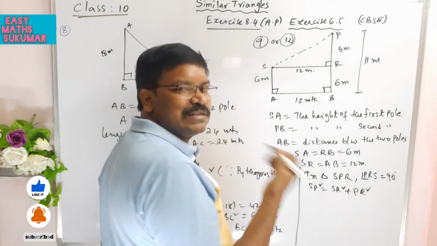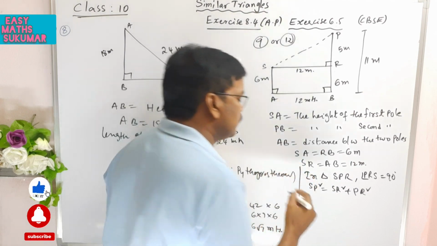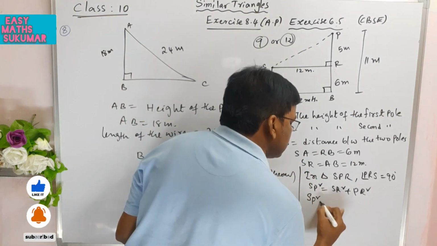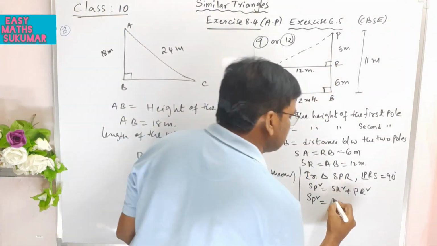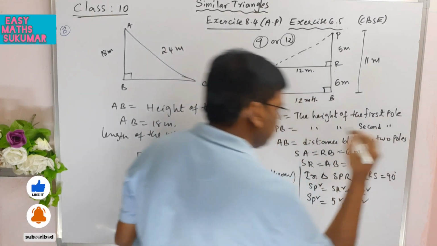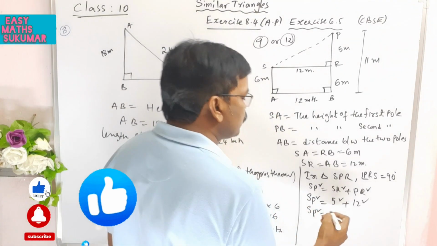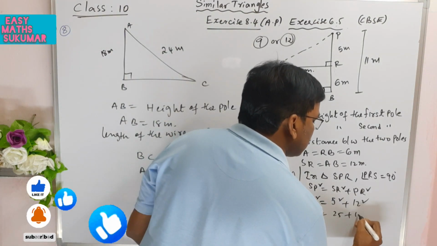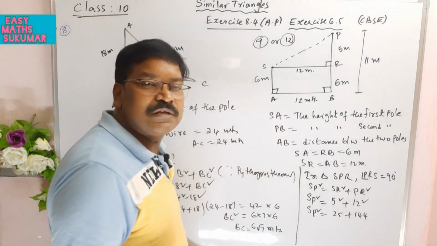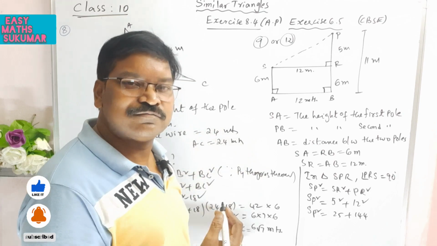But we don't know what SP is. We are going to find the distance between the two tops of the poles. That means SP square is equal to SR square, which is 5 square, plus this 12 square, right? So SP square is equal to 5 square is 25 plus 144. 12 square is 144. 12 times 12, not 12 into 2.